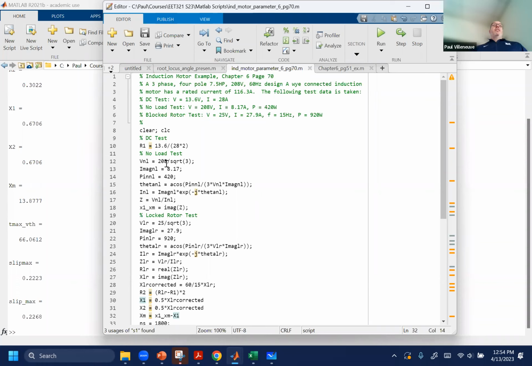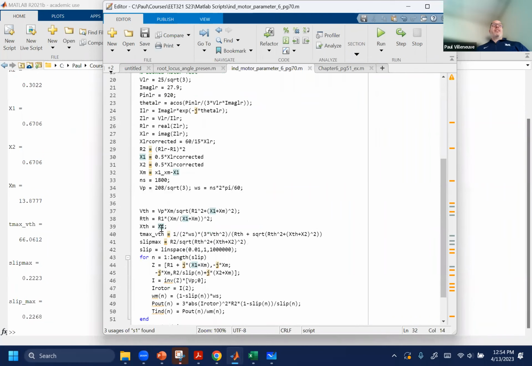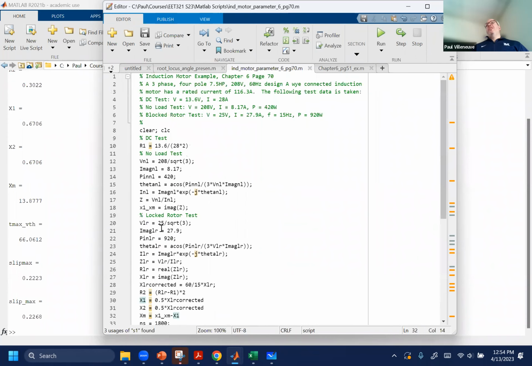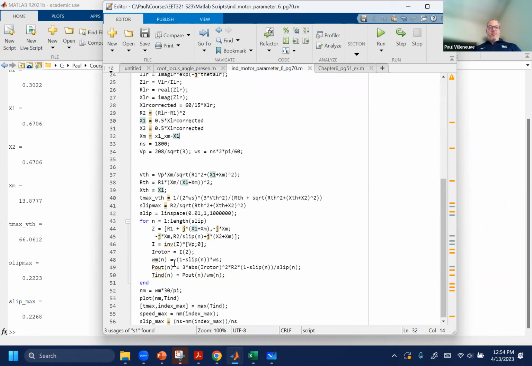Where MATLAB falls down is that the equations don't look like they would on paper and pencil, right? 25 divided by square root of 3, we just put 25 over square root of 3, instead of the way that this is written here. But again, it just keeps me honest, right? All those values, those plots, they kind of validate what we have. So let me change this back to 1, or no multiplication, just so that it doesn't confuse anybody.